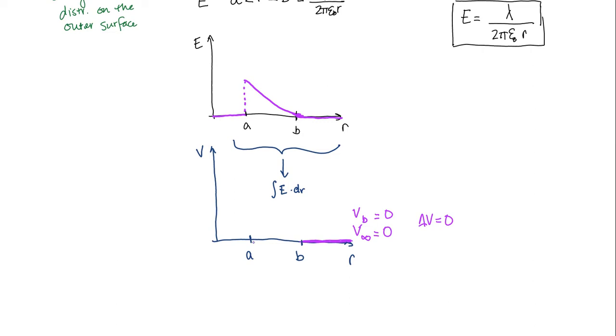Now from 0 to A, again, we have no potential difference, but we know at A, that's the point of highest potential. So the difference between 0 and A still has to be equal to 0, but the potential at A or at 0 is not necessarily 0, it just has to be a difference of 0. So what we're going to say is the potential at 0 is equal to the potential at A, and it's some non-zero value, and I'm going to go ahead and just pick one.